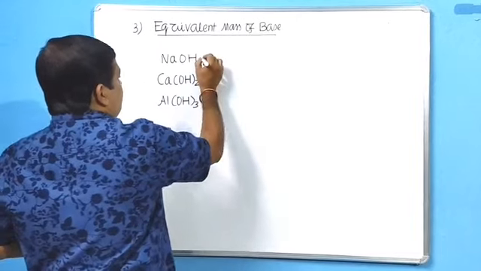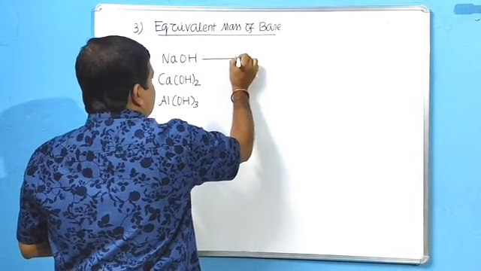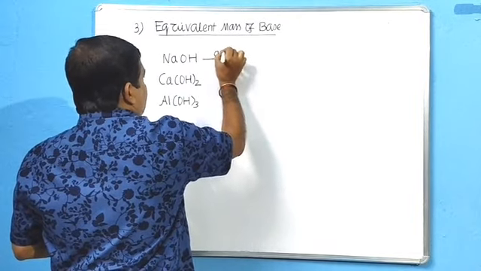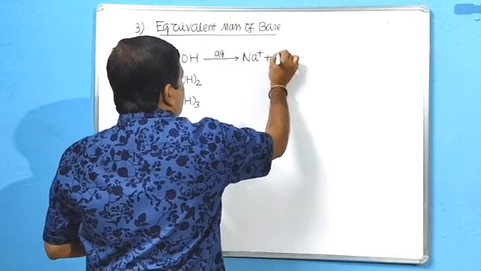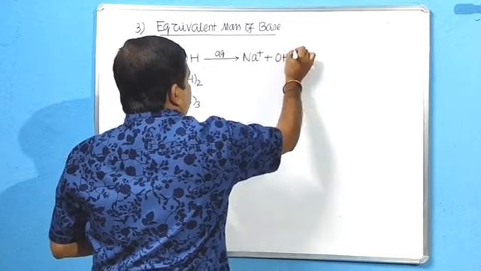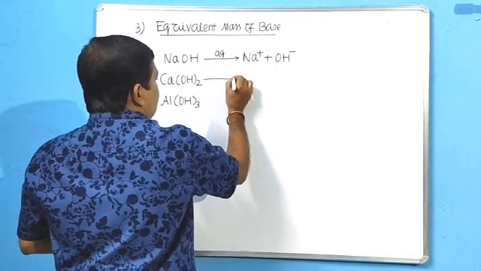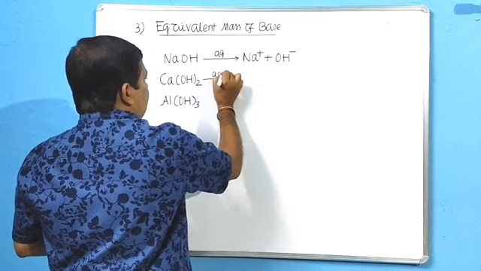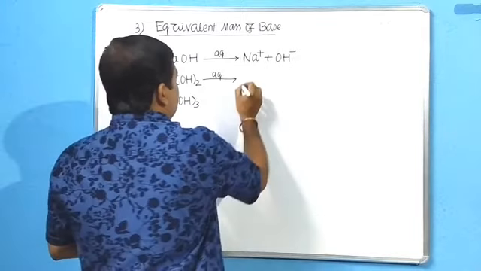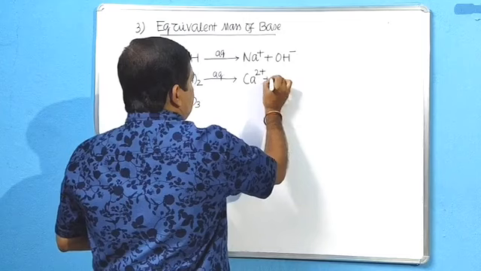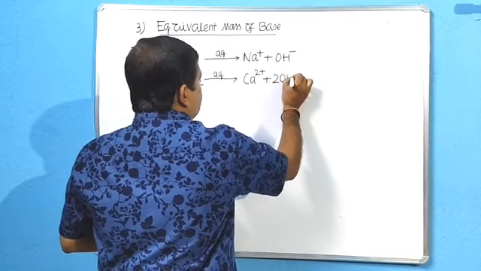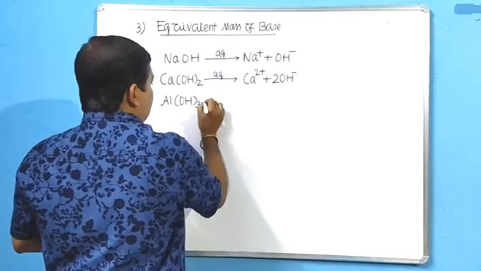Let us see what happens. In aqueous medium, that means when added to water, they readily ionize. Here it forms Na plus and OH minus. Then calcium hydroxide, when added to water, that means in its aqueous solution, gives you Ca2 plus and 2 OH minus, two hydroxyl ions.